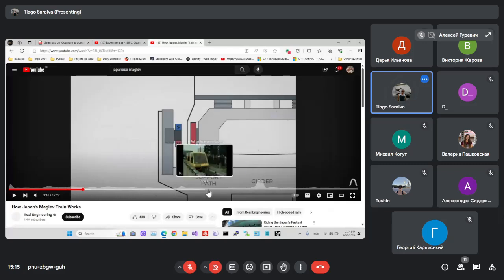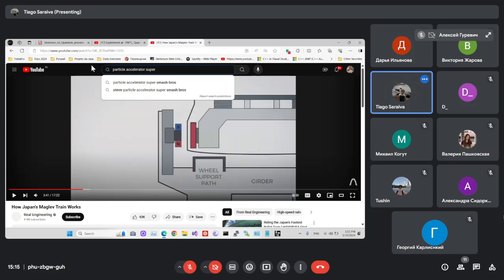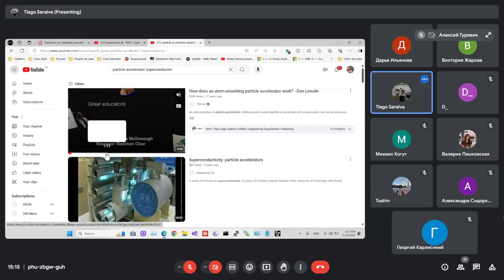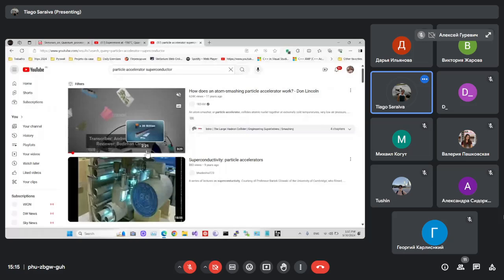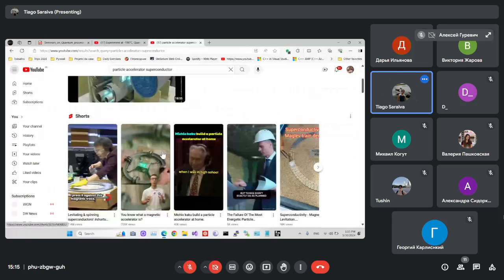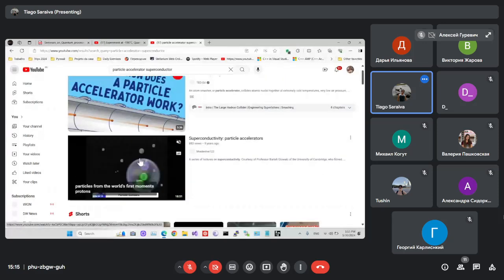In the particle accelerator with superconductors, I think they should mention somewhere that there are traps that guide the particles. Anyway, superconductivity in accelerators. I think this is the film.